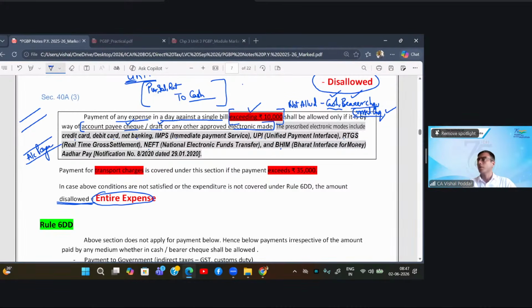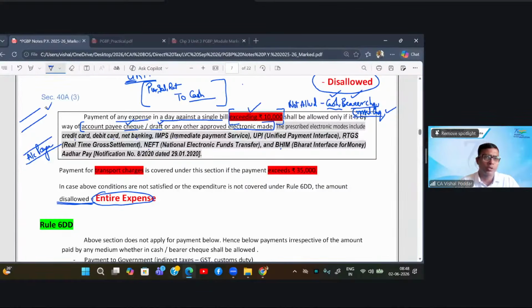In this case, the bank has to compulsorily maintain the record of the person to whom this payment is made, and the chances of transferring to another person is zero. So in order that the income tax department or the government comes to know the actual person to whom the payment is made, they have put the condition of account payee.